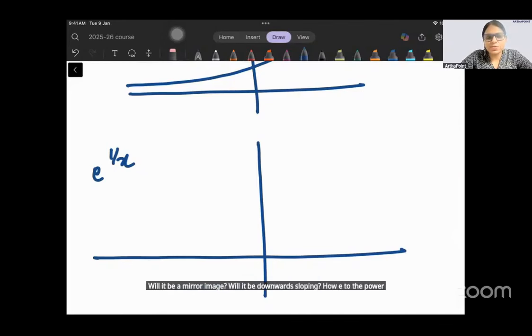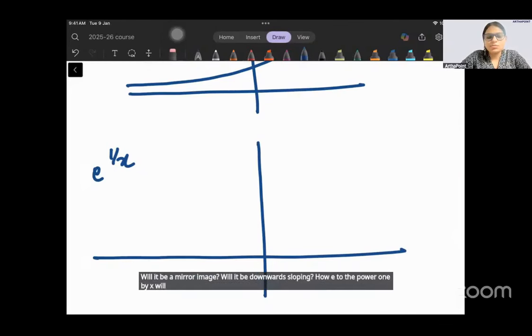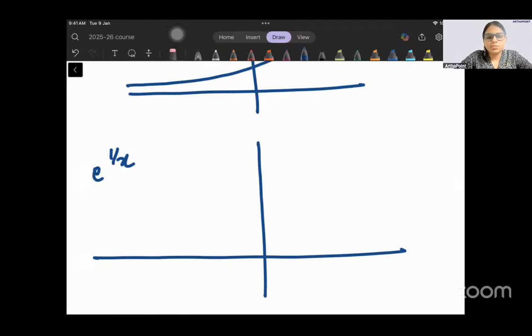How will e to the power 1 by x look? Did anyone try that?